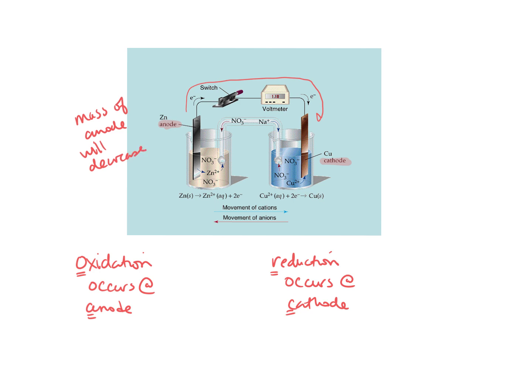And at the cathode, because you have the aqueous ions in here turning into Cu solid, that means the mass of the cathode will increase. And we're going to be doing a simulation in class very soon, where I think this illustrates very beautifully how the mass of the cathode will increase and the mass of the anode will decrease.